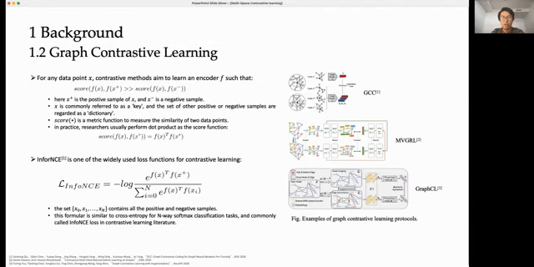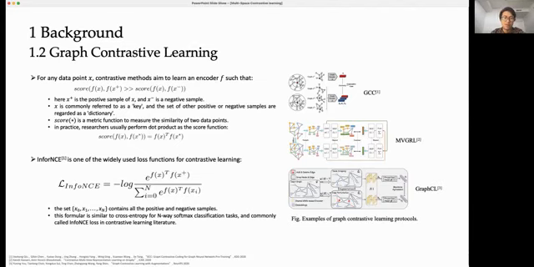As the formula shows, X plus represents the positive sample and X minus denotes the negative sample. The score function is a metric that measures the similarity between the samples, which will be determined according to the specific scenarios. In this case, data point X is commonly referred to as an anchor point.